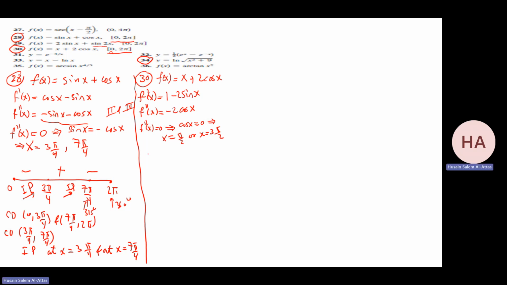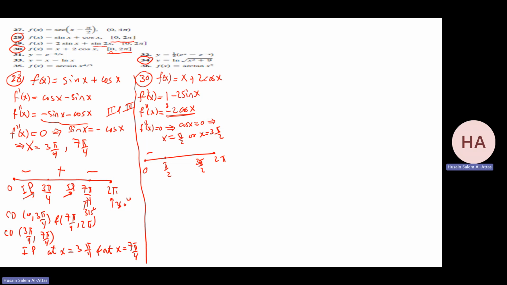So for the test intervals, I have 0, pi over 2, 3 pi over 2, and 2 pi. I'm checking this function with the minus sign, so be careful with the calculation. From 0 to pi over 2, take pi over 4. This is the first quadrant, so cosine is positive, times minus, that will be negative.